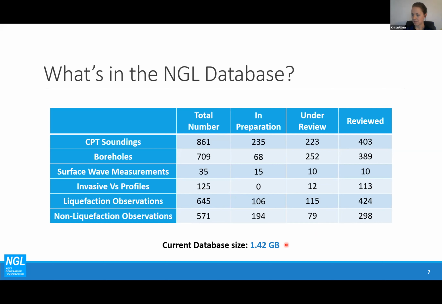And my note at the bottom of the screen shows the current database size is nearly 1.5 gigs. That includes all of the uploaded images, the data that's in all the tables, everything. So it's grown quite a bit over the last 1.5 to 2 years.